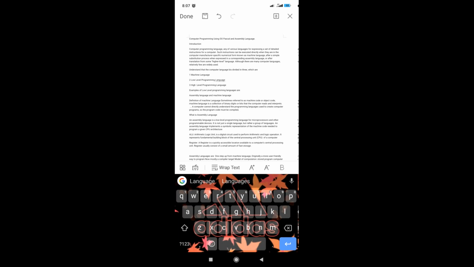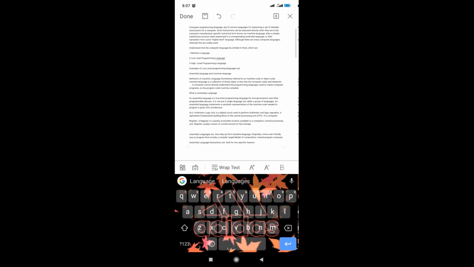Although there are many computer languages, relatively few are widely used. We should understand that computer languages are divided into three. As I said earlier, machine language is the first one.